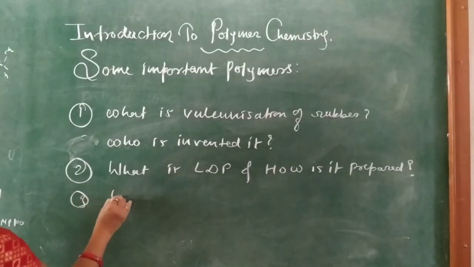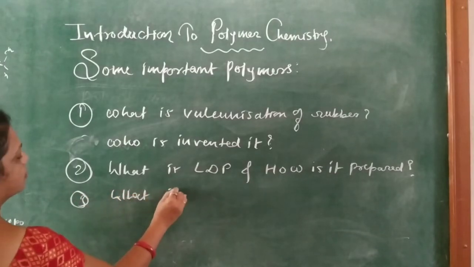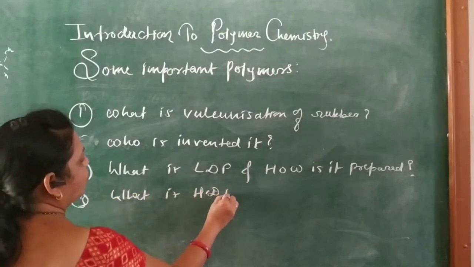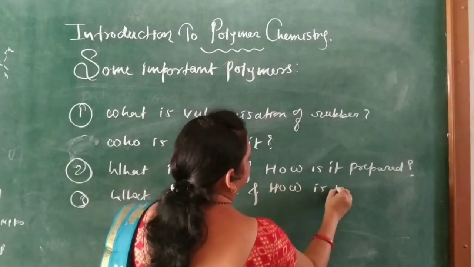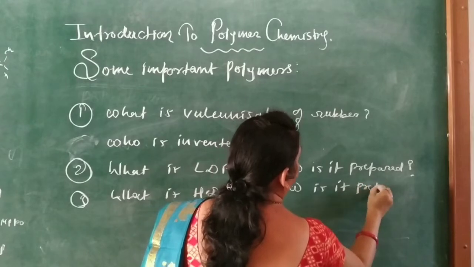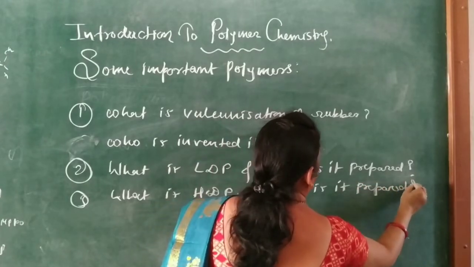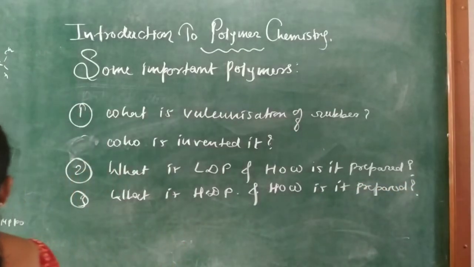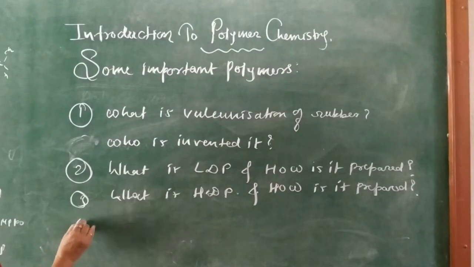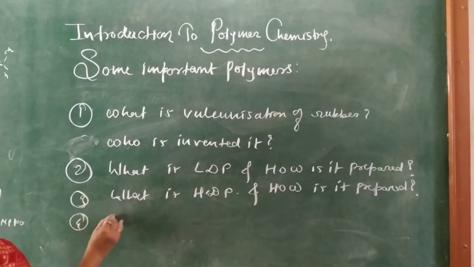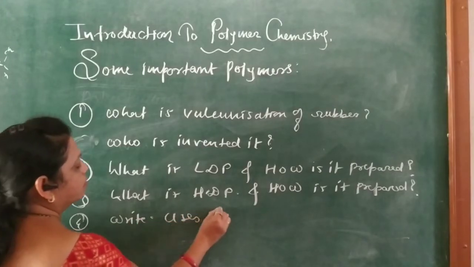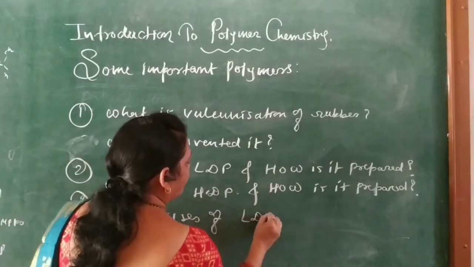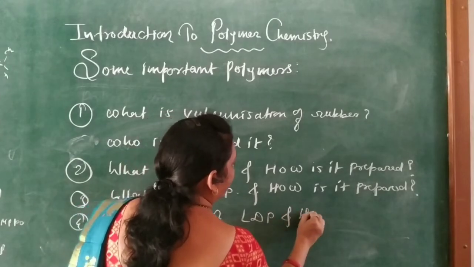Third, what is high density polymer and how is it prepared? Then write the uses of low density polymer and high density polymer.